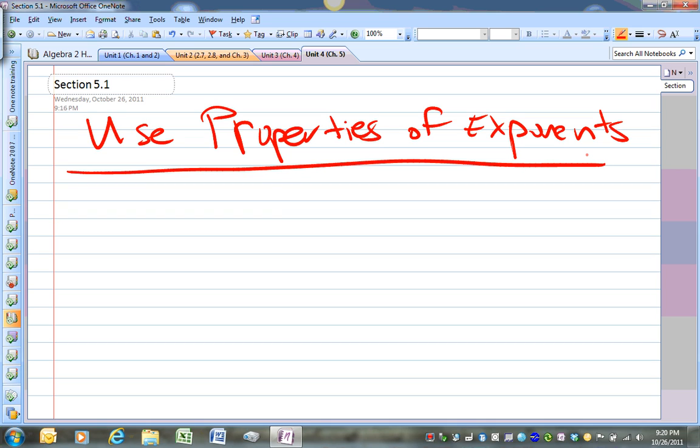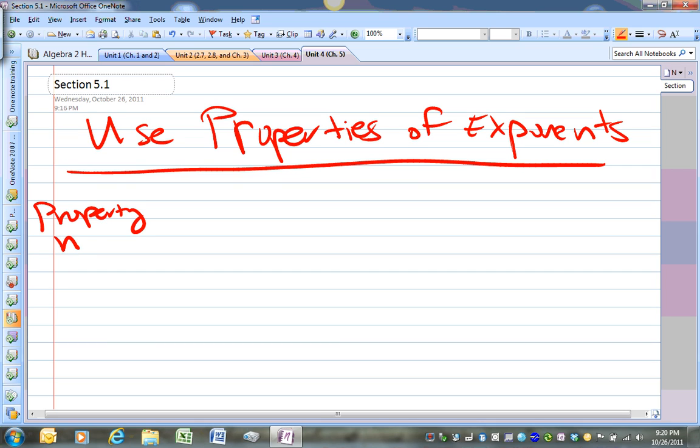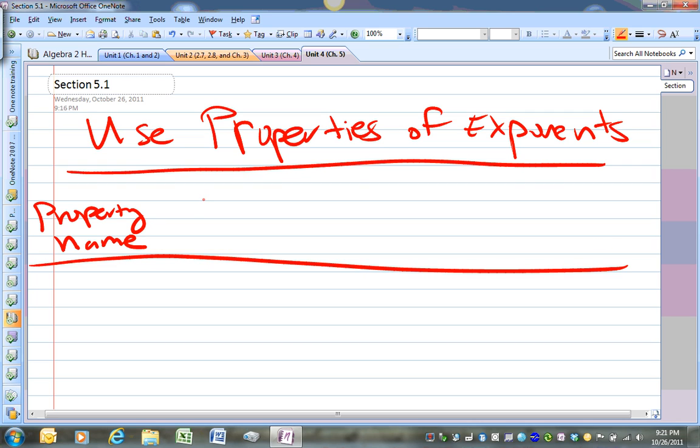So what I'm going to do is make a table. We have the property name, we'll have the definition of the property, and then we'll have an example.